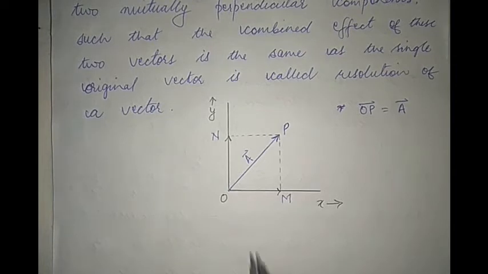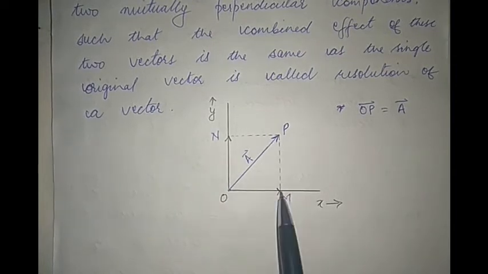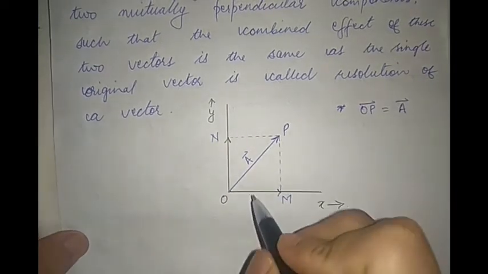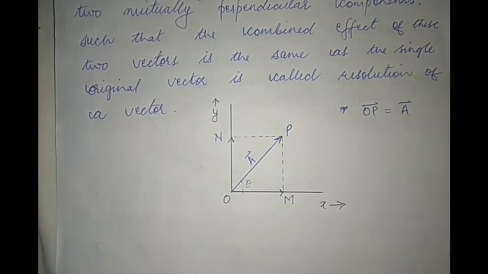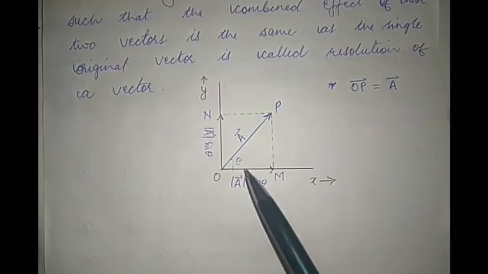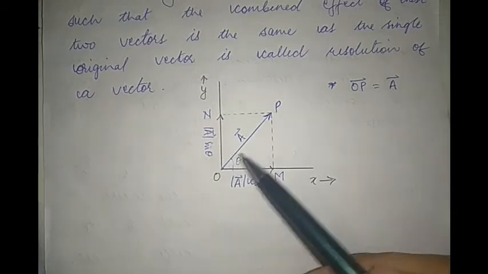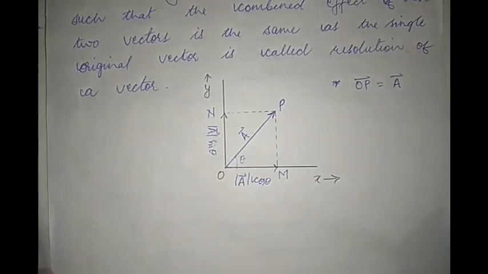Now what is the magnitude of vectors OM and ON? In order to find the respective magnitudes, let us suppose that our original vector A makes an angle theta with the x-axis.